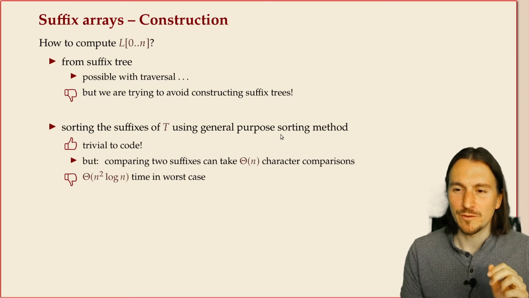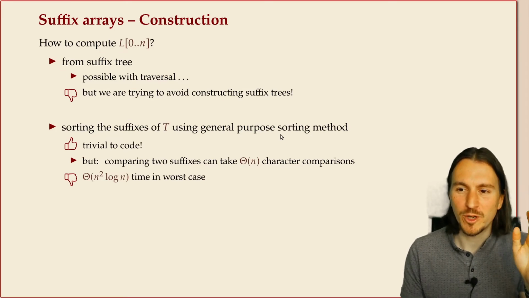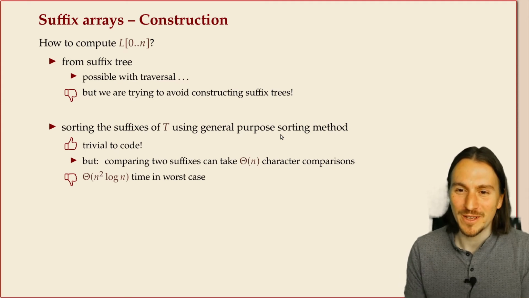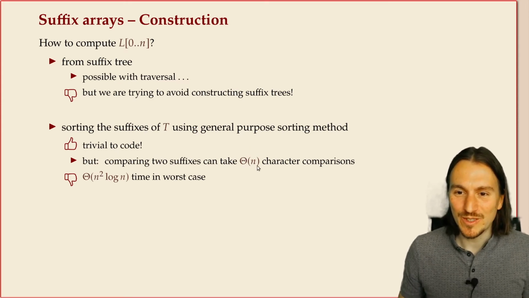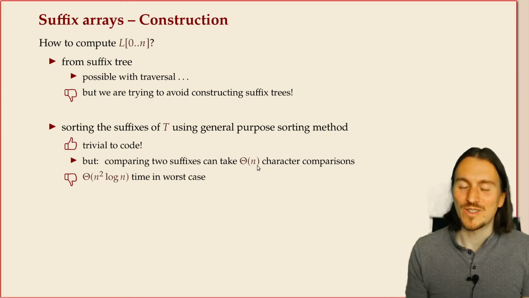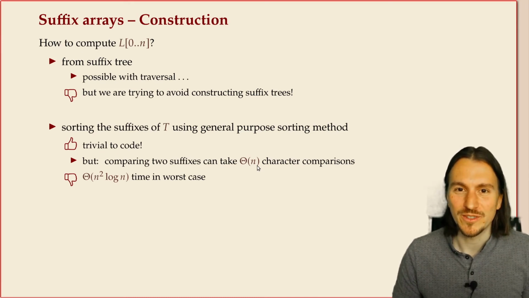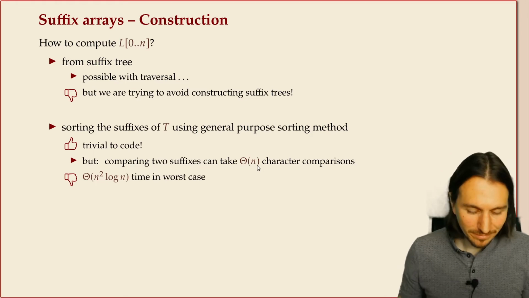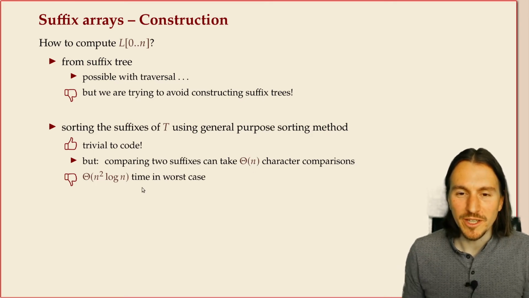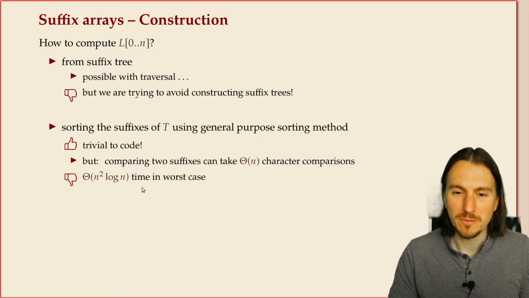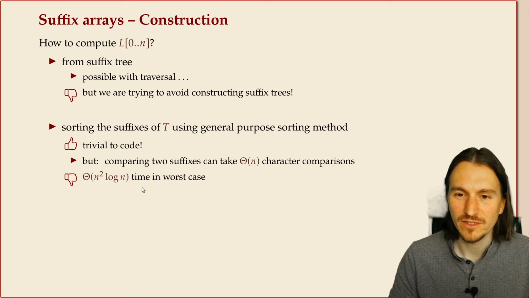Because we're talking about suffixes here, and we always have the end of word marker, they will always differ. They cannot be equal, we know that. But because suffixes are potentially as long as the text, or just slightly shorter, this comparison is very expensive. So we might need n squared log n time in the worst case, and that is a bit slow.